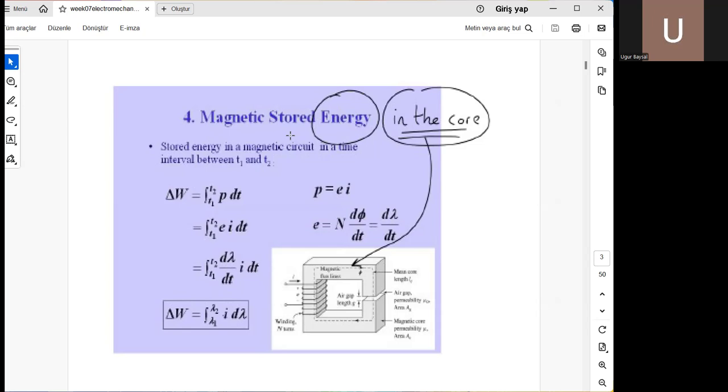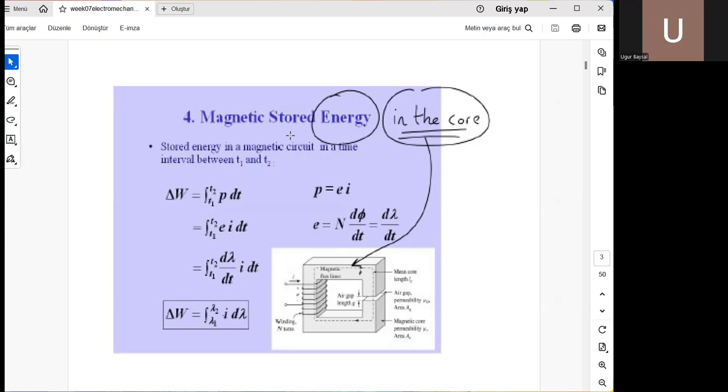So if you convert the power to voltage and current, that voltage is specifically the induced voltage shown with lowercase e. P equals e times i, and that e is the time variation of the induced flux multiplied by the number of turns N, or the time derivative of the flux linkage, d lambda over dt.